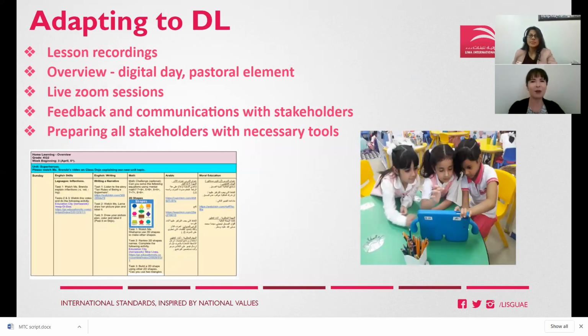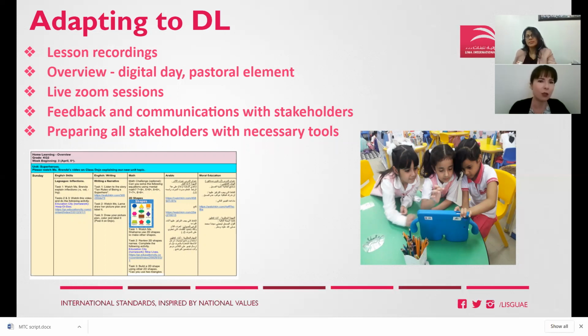So when we were told that we were going to distance learning back in March, we ensured that teachers did lesson recordings each day. The homeroom teachers made sure that they recorded themselves modeling math concepts and English concepts. We also made sure that every grade had a weekly overview.